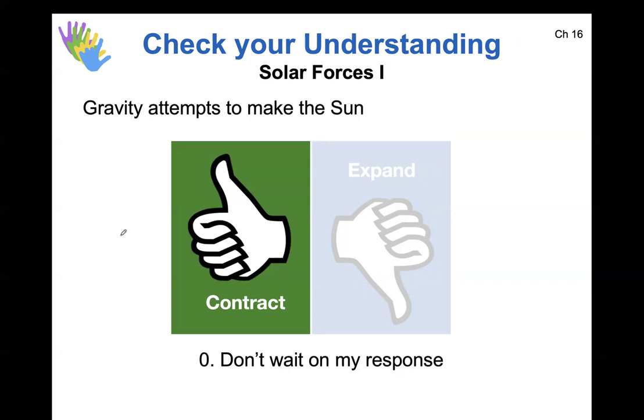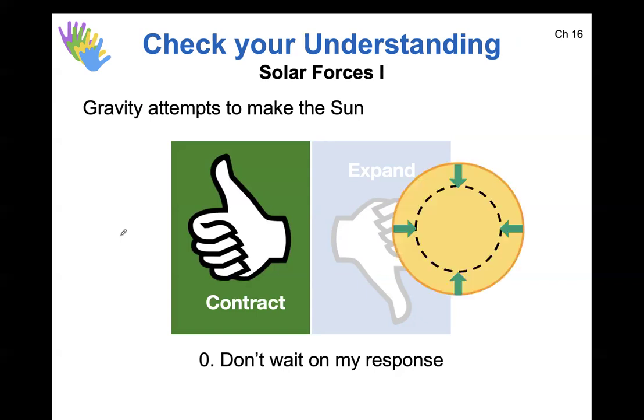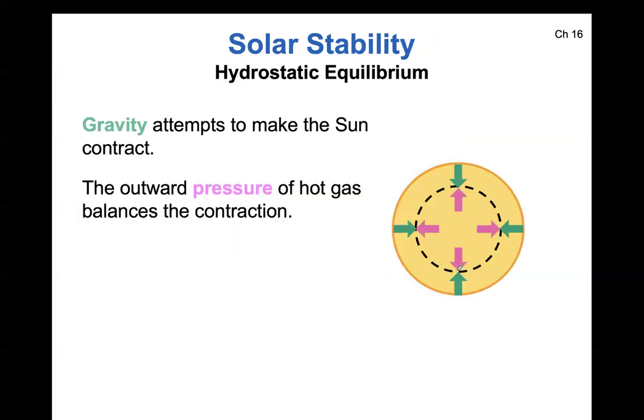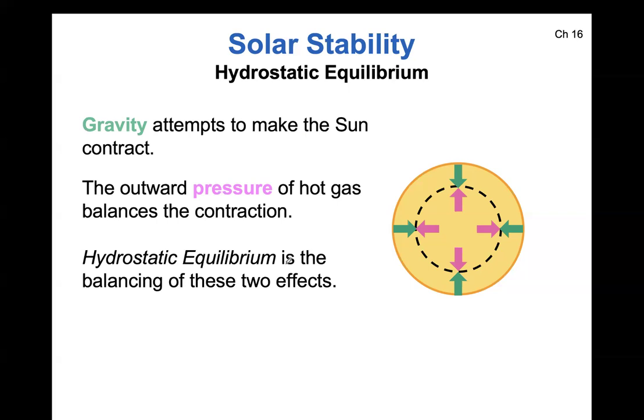And in this case, the pushback against gravity is just the fusion itself and the outward pressure that's associated with that thermal process, that heat process. So gravity seeks to contract, and the outward pressure of the hot gas balances it. So we say that the sun is in hydrostatic equilibrium, because it's acting in a fluid way.